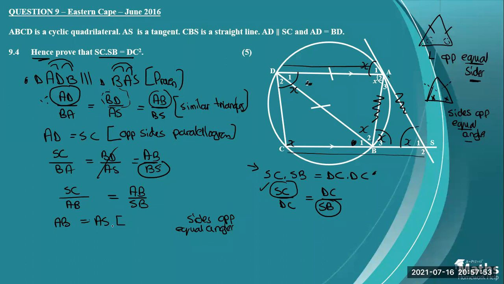Okay, so AB is equal to AS, sides opposite equal angles. AB is equal to AS, and AS, you see again, I'm writing it underneath each other if I repeat something. AS is also equal to DC. Why? Because it's the opposite sides of a parallelogram.